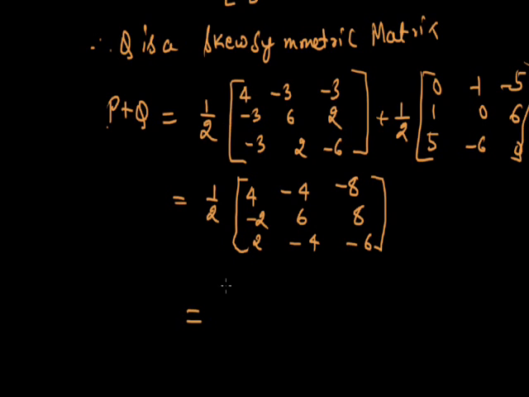Now this is equal to [2, -2, -4; -1, 3, 4; 1, -2, -3].